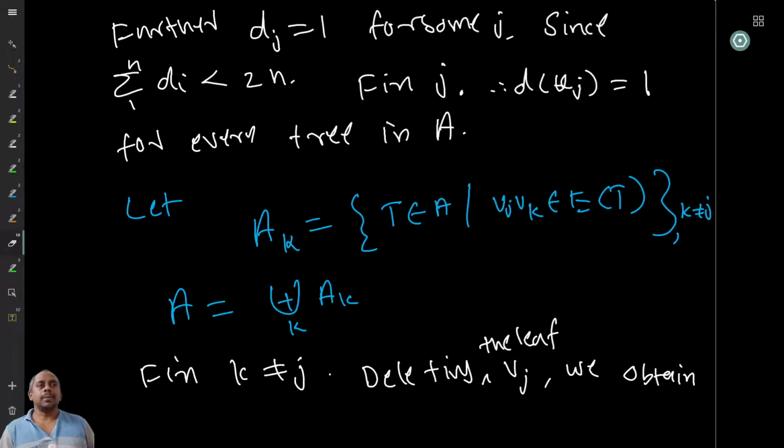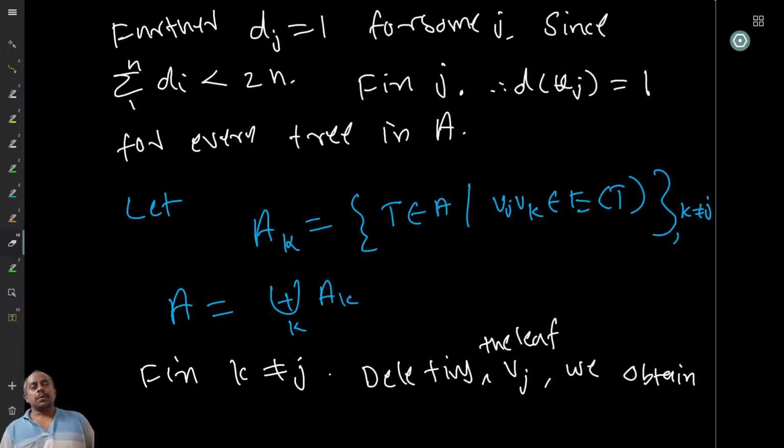So we are collecting by the index of the neighbor of this particular vertex Vj. The degree of Vj is equal to 1, but the neighbors could be different in each of the different trees.